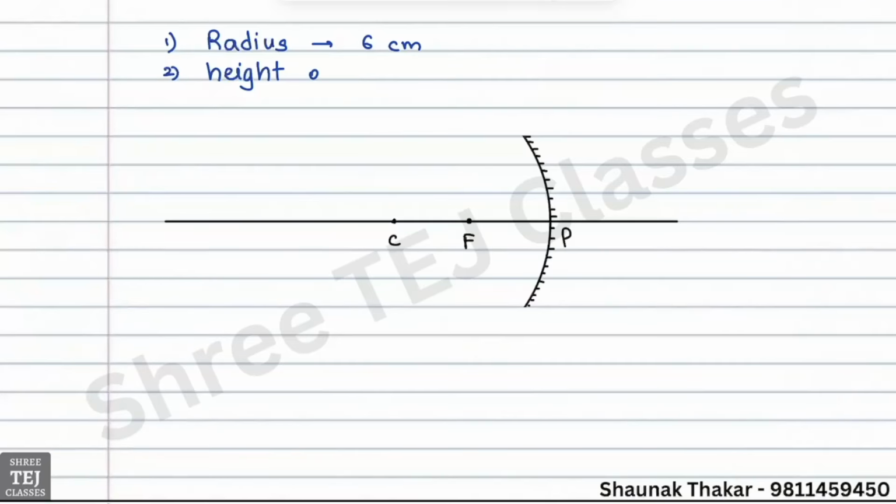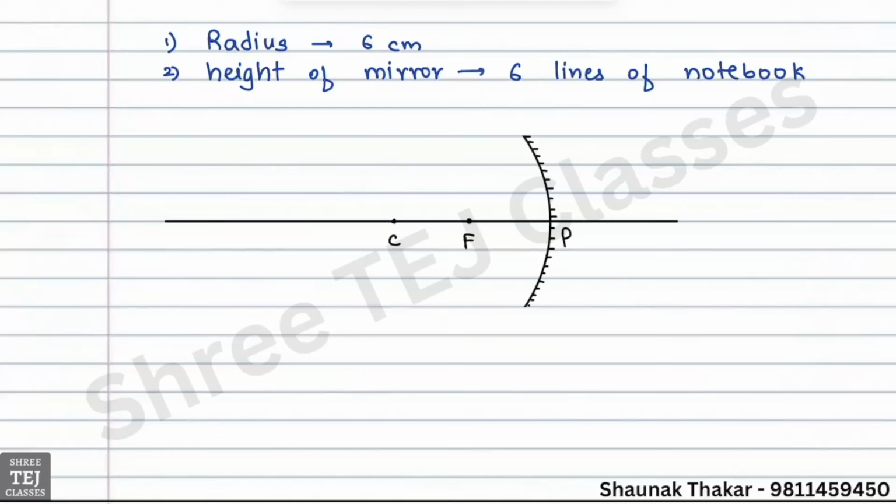So, height of mirror: 6 lines of notebook. Once you do that, mark here point P, which will be the pole of the mirror. Confirm that the length CP is equal to 6 centimeter. Now using a ruler, mark out the midpoint of C and P. That will be our point F, which is the principal focus.